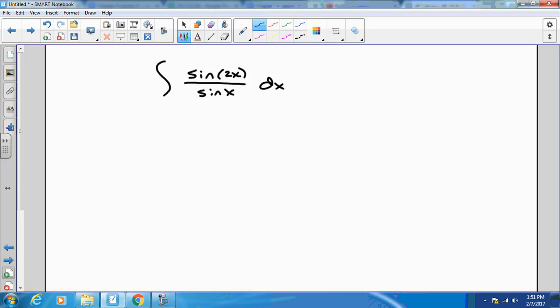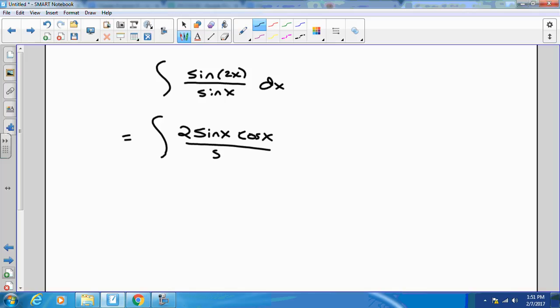I remember that function. Remember it? Okay. Yeah. Anybody got it? What is another way to write sine 2x? 2 times sine times cosine.